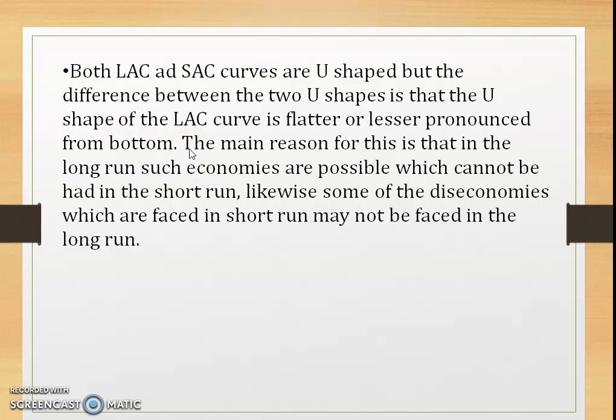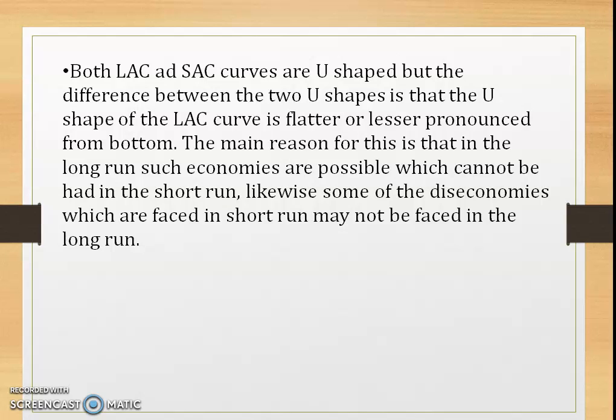The main reason is that in the long run, such economies are possible which cannot be had in the short run. Likewise, some of the diseconomies which are faced in the short run may not be faced in the long run. So this is the explanation for the long-run average cost curve. There is a relationship between cost and output in the long run.